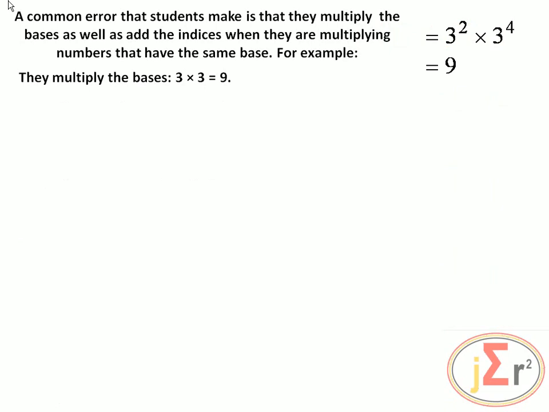And they go ahead and add the indices. 2 plus 4 is equal to 6. And they are happy. 9 to the power of 6. I cannot get it wrong, but I am sure that it is wrong.